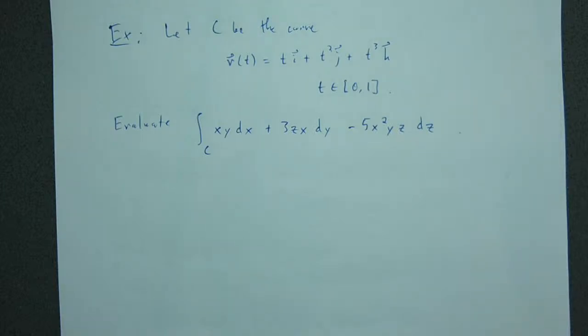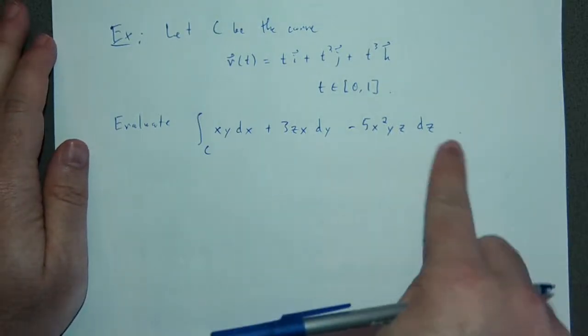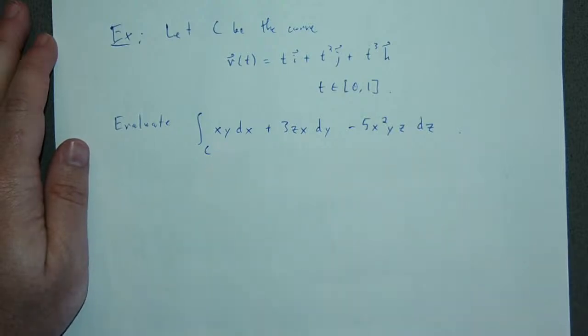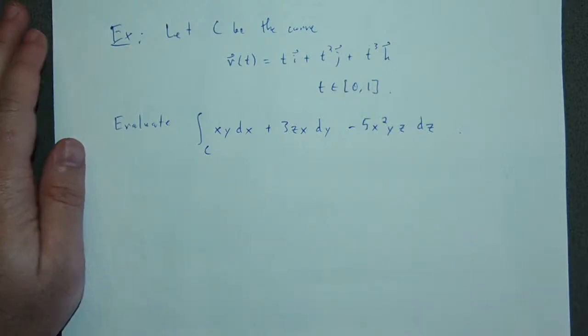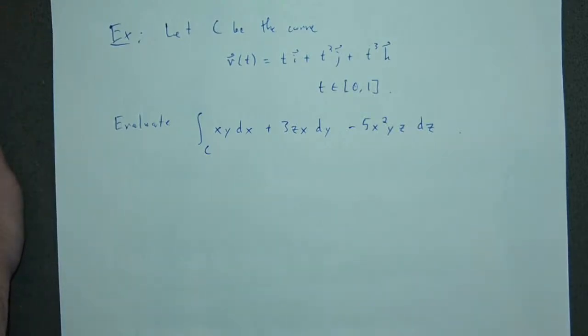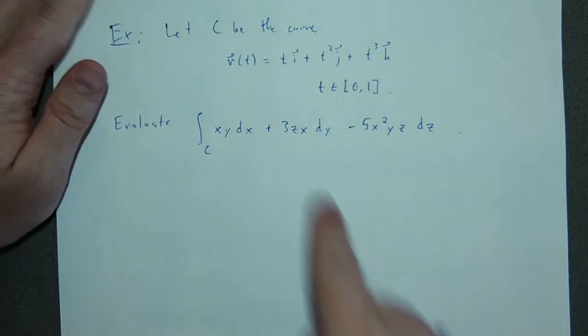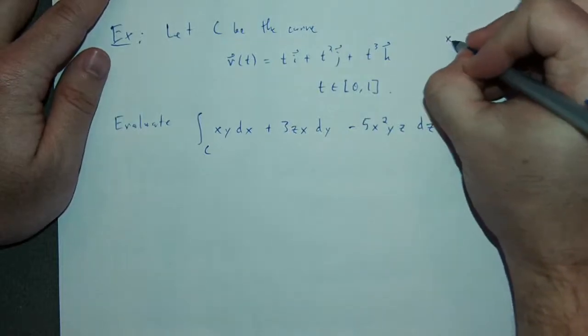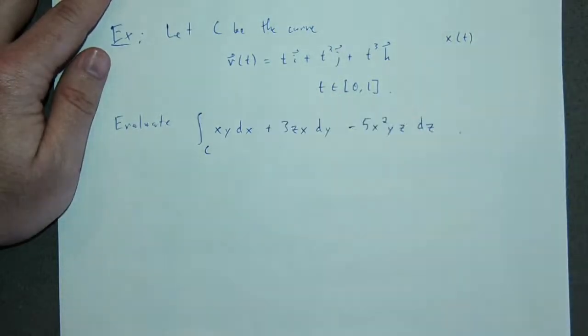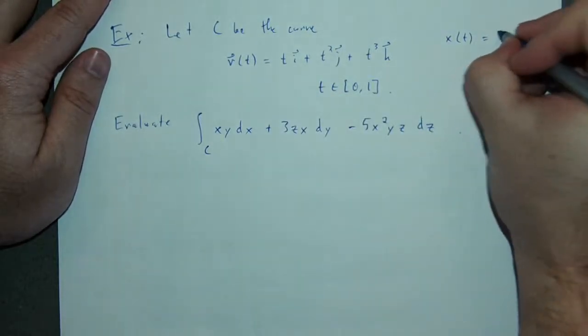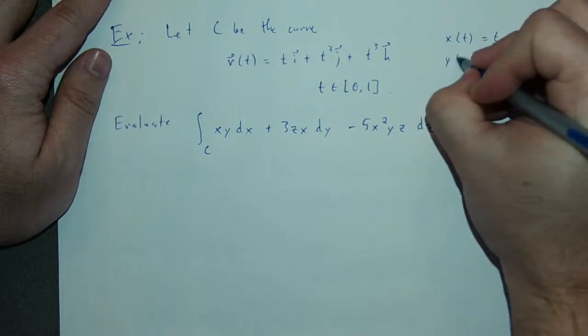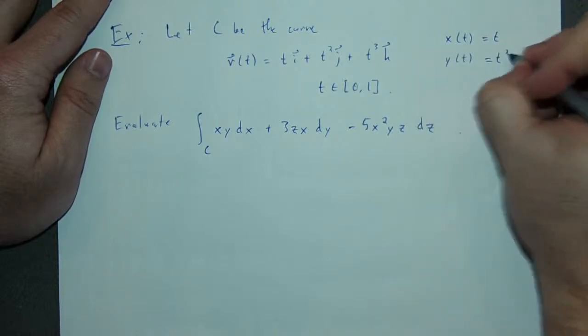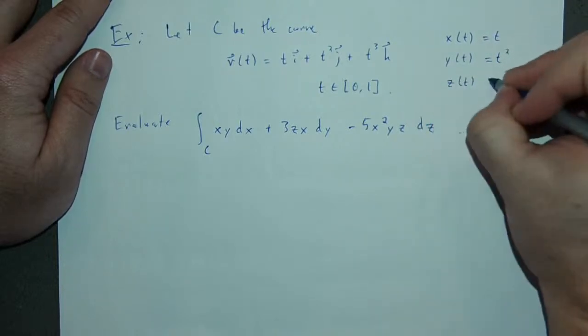But this also provides a nice mental image of what you're doing when you compute a line integral. I have this parameterization here, which tells me that x of t, using my usual notation, is t, y of t is t squared, and z of t is t cubed.